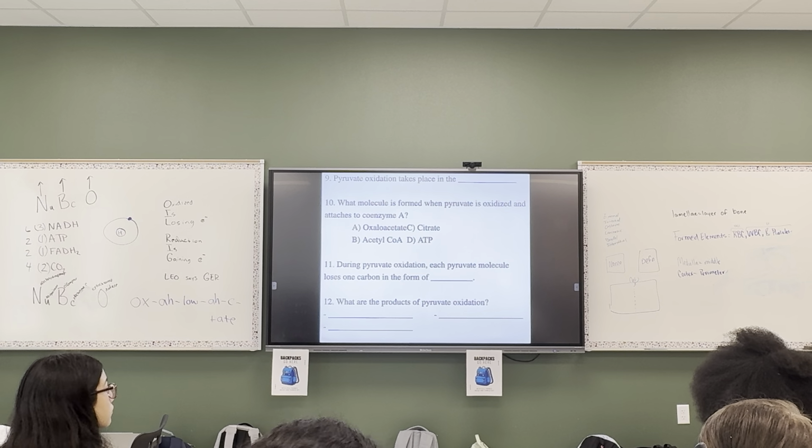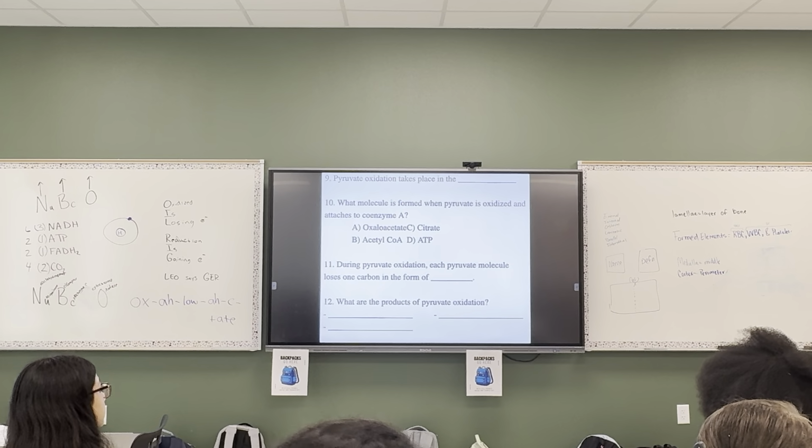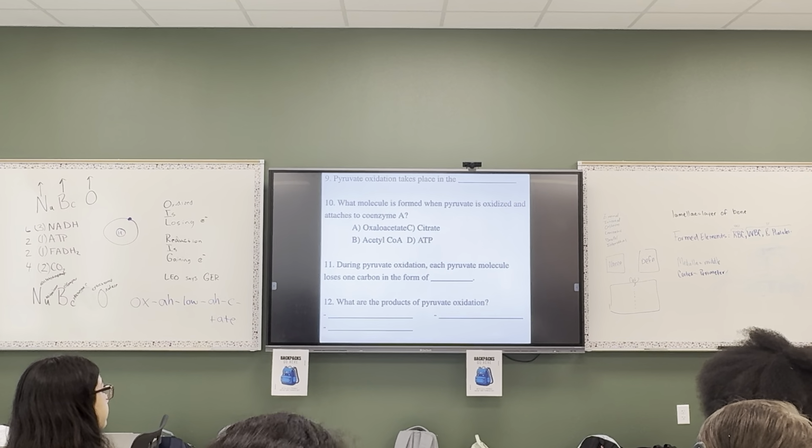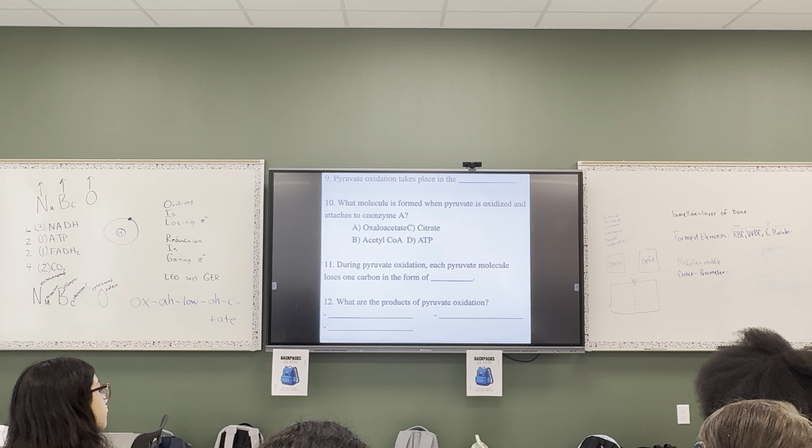Then this is the outer membrane, this is the inner membrane of the mitochondria. So all of this is inside of the mitochondria. That means pyruvate oxidation and the next step, the citric acid cycle, actually happen inside of the mitochondria. Does that make sense? Okay. That's why I did this picture, so you can see where it's going on.